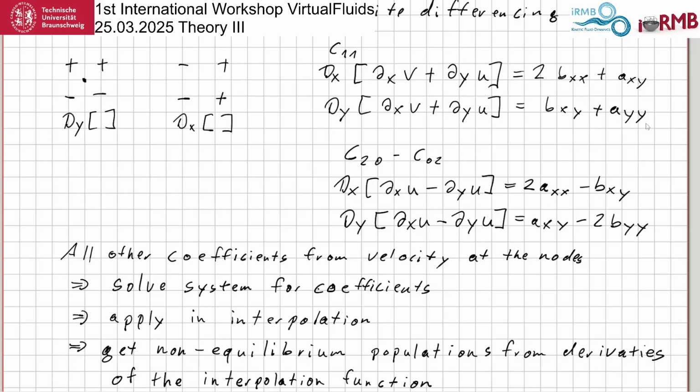Now remember, the non-equilibrium that plays a role to the leading order is the C11 and the C20 minus C02. Their equilibrium would be 0, right? So these things are related to these derivatives in velocity. Now you have an interpolation polynomial. You can compute from the interpolation polynomial what dxv plus dyu is at this position. Yeah, you can compute this and then set these non-equilibrium cumulants to that particular value, so that you recover them.